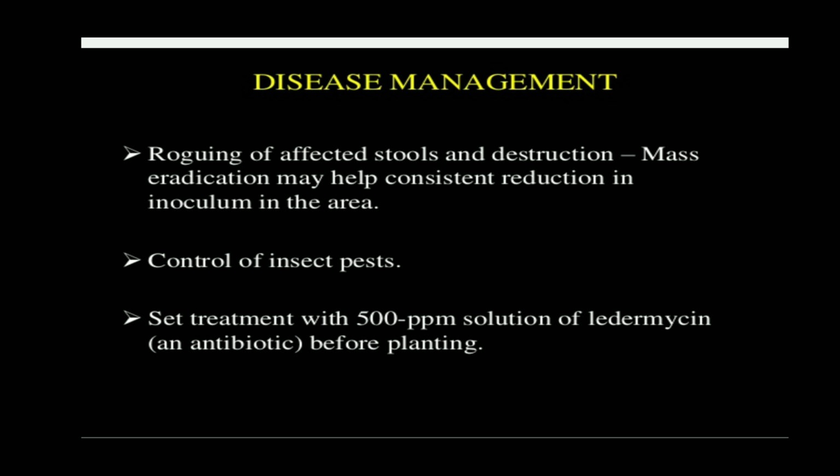That will be beneficial, as lidermycin is going to inhibit the growth of such bacteria, not bacteria, it's actually mycoplasma. So the mycoplasma growth is going to reduce, or the mycoplasma may die because of this antibiotic.